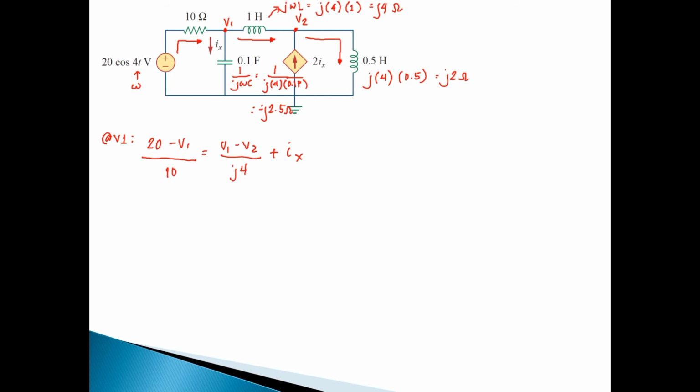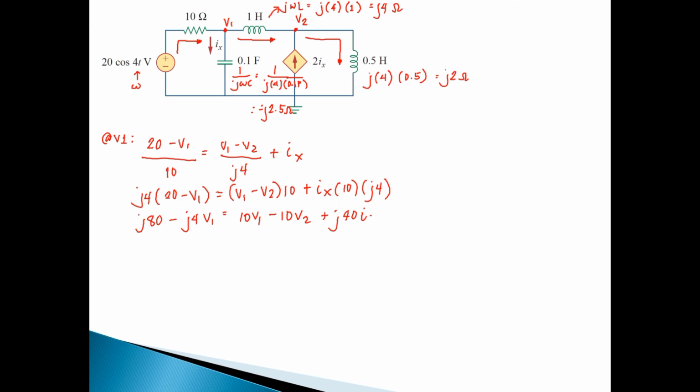Let's multiply both sides by j4 and 10. So we'll have j4 times (20 minus V1) equal to (V1 minus V2) times 10 plus Ix times 10 times j4. So we'll have j80 minus j4 V1 equal to 10 V1 minus 10 V2 plus j40 times Ix.